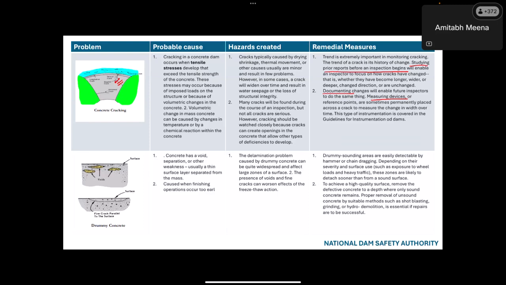Now in the diagram below, we see some voids in the concrete. These are quality issues. So if there are some voids in the concrete, then the concrete has a void separation or other weakness, usually a thin surface layer separated from the mass. See, these are the voids. So what will happen due to these voids? This layer will separate out, like shown in the diagram below.